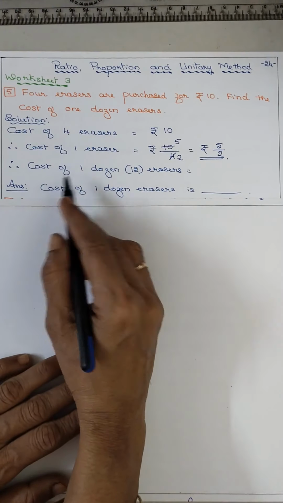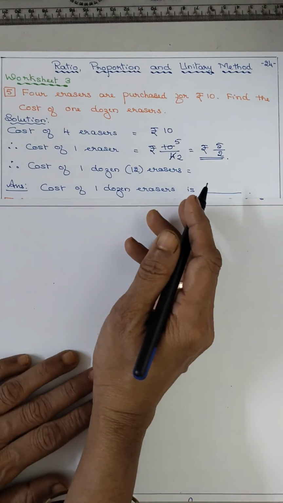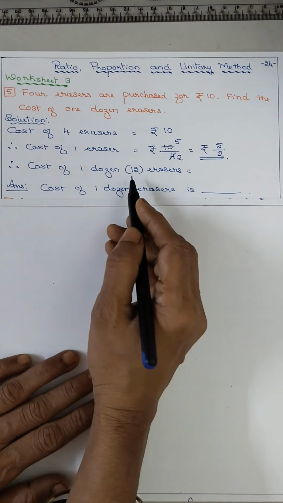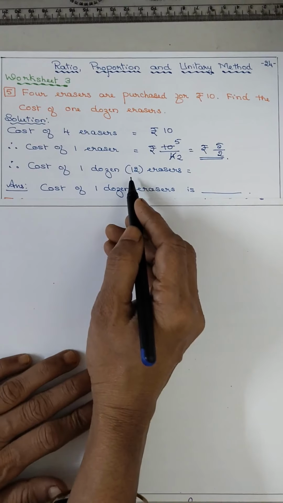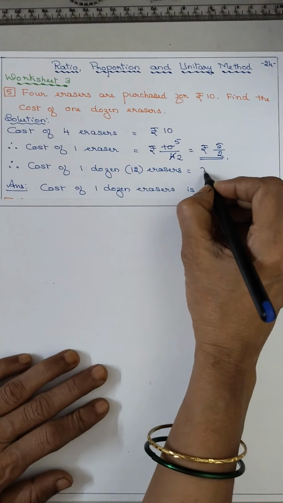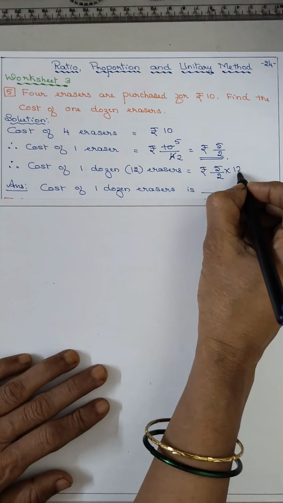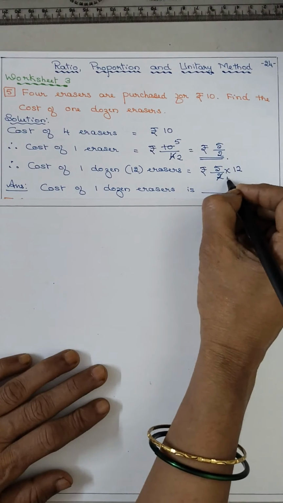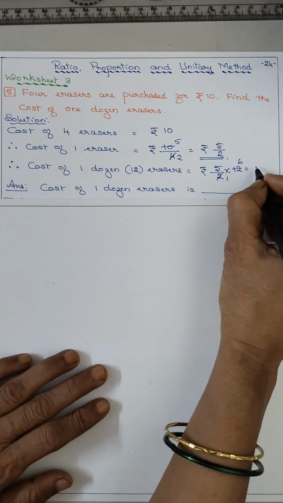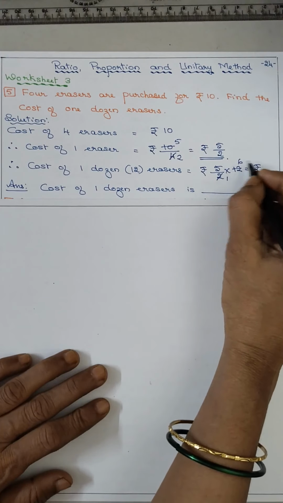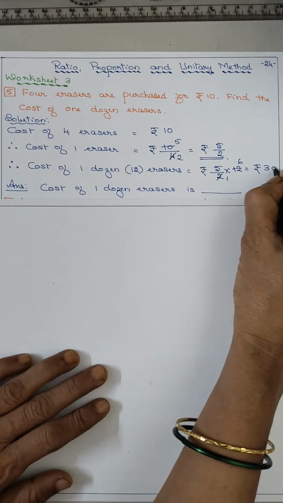Now they have asked cost of 1 dozen erasers. 1 dozen means how many? 12. So whatever number you get, 5/2 into 12. 2 1s are 2, 6s are, so 5 6s are 30.